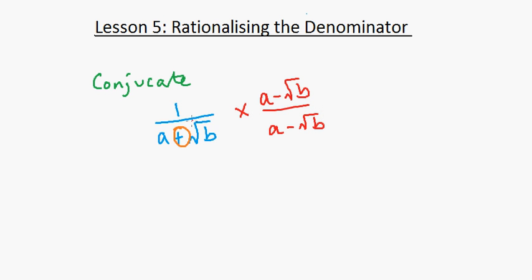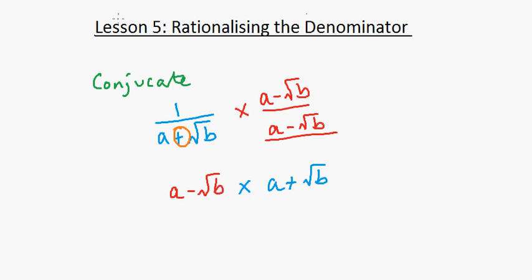What you times by the top, you times the exact same by the bottom, so you're not changing the value. And this is the conjugate. If it's the other way around, say we have a minus root b, the conjugate will be a plus root b.